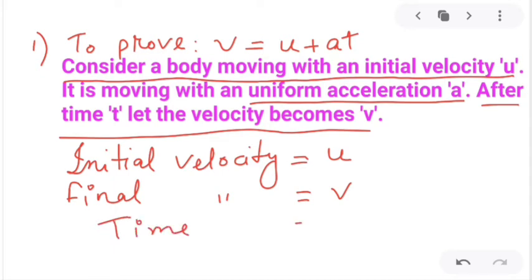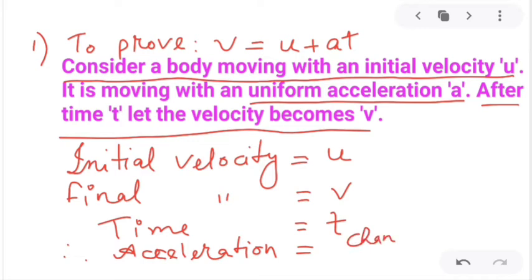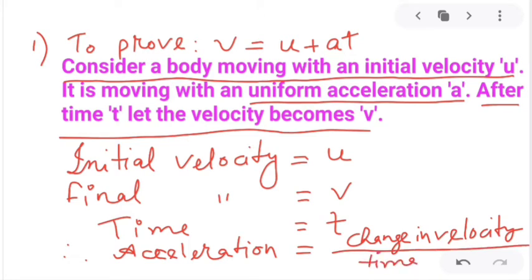So therefore we get acceleration equal to change in velocity divided by time. This is the formula of acceleration, isn't it? Change in velocity divided by time. We know this is the acceleration.